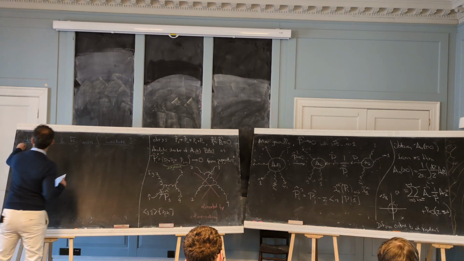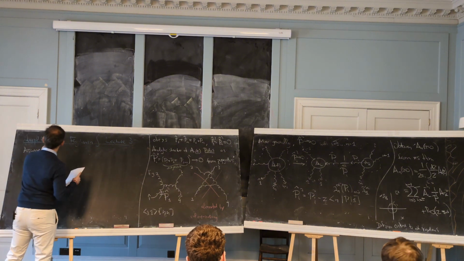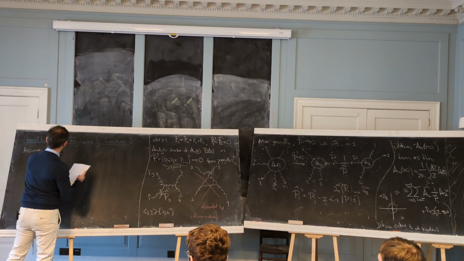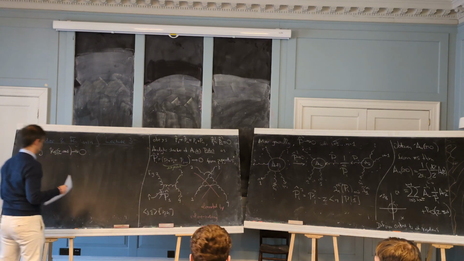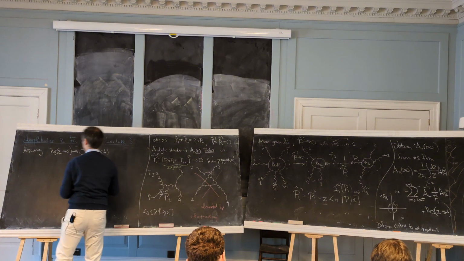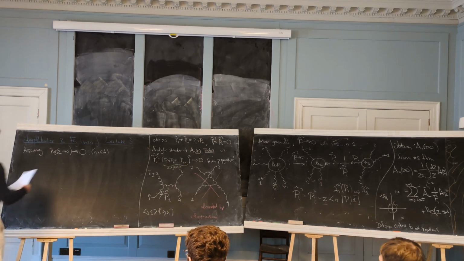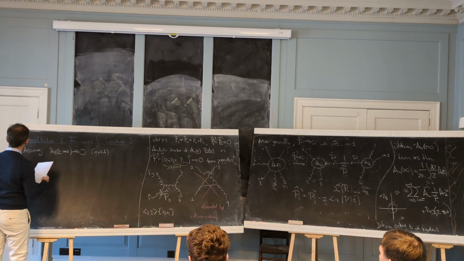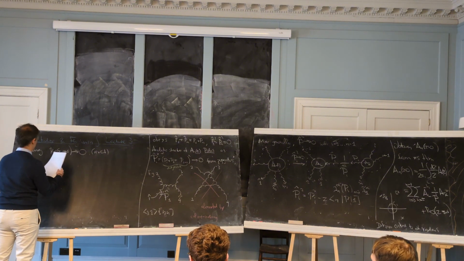So assuming that this residue is 0, and we'll come back, we'll revisit this, we have the BCFW formula that tells us that A_n, this is now the undeformed amplitude, the original amplitude we started with.